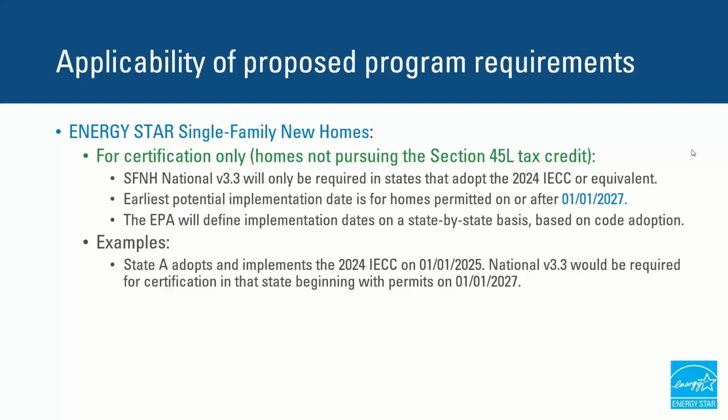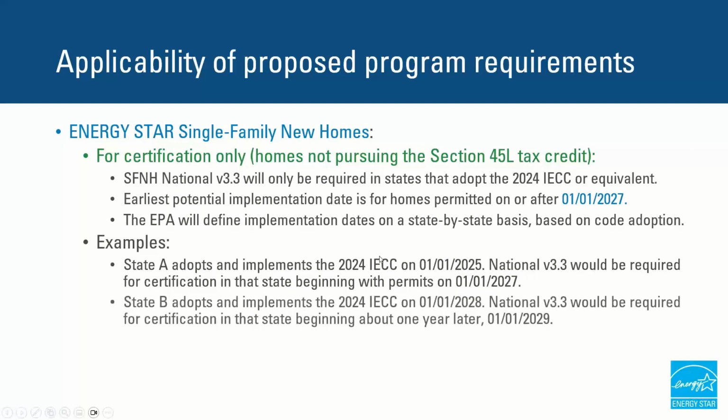The earliest that we would possibly set an implementation date to use version 3.3 in a state for certification is January 1st of 2027. So you won't see anything before that, and then you might see some first cluster of states with that implementation date, and then more states would probably move to 2024 IECC in the future, and 3.3 would expand for certification purposes.